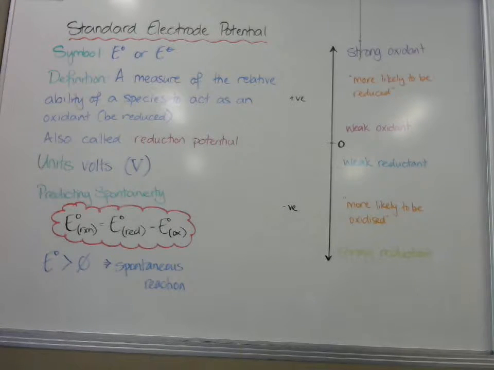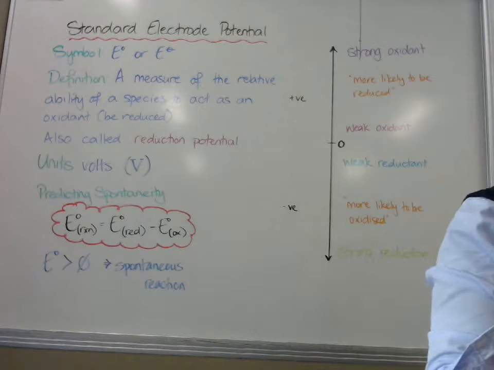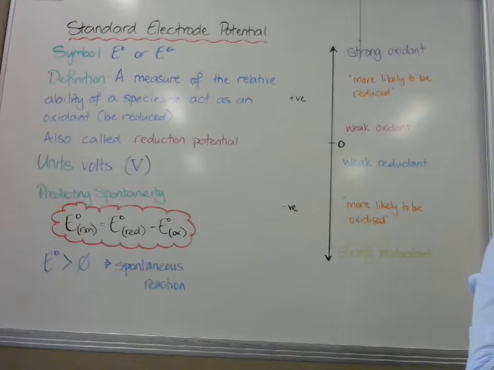Two years ago, a lot of you probably did physical science, where you probably looked at the activity series of metals, and you would have talked about certain metals being more reactive than others. And I think if we think common sense-wise, sodium is more reactive than magnesium, magnesium is more reactive than iron, iron's more reactive than silver, for example.